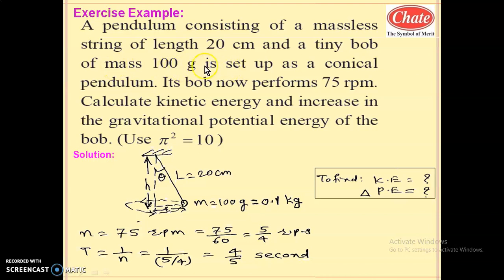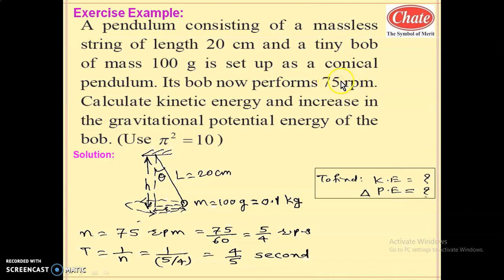If you want to convert to SI, 20 centimeter means 0.2 meter and 100 gram means 0.1 kg. It's set up as a conical pendulum. Its bob now performs 75 RPM. RPM is the unit of frequency, called revolutions per minute, the number of revolutions performed in 1 minute.